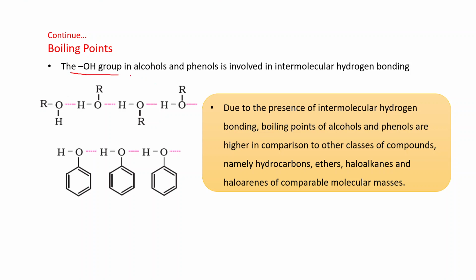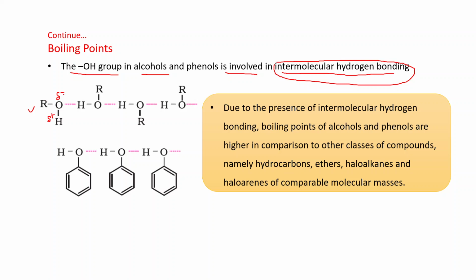The OH group in alcohols and phenols is involved in intermolecular hydrogen bonding. I think you are familiar with this term, intermolecular hydrogen bonding. You can see in this diagram, oxygen is more electronegative. That's why it will acquire a partial negative charge and this hydrogen will acquire a partial positive charge.